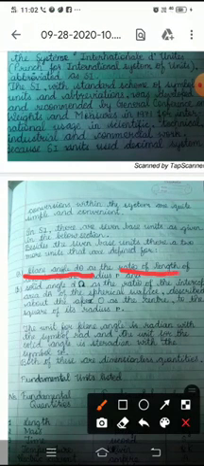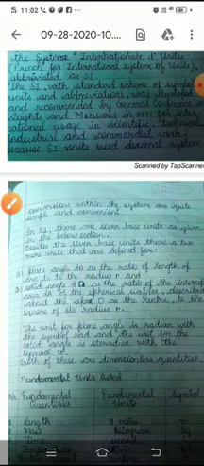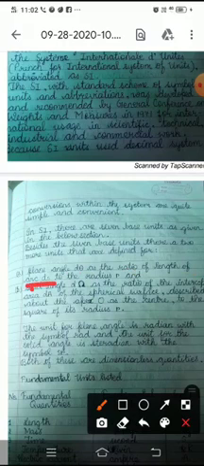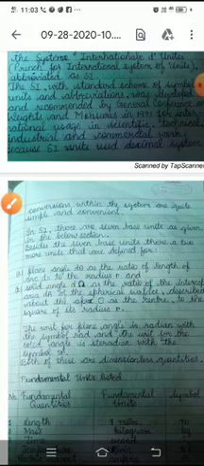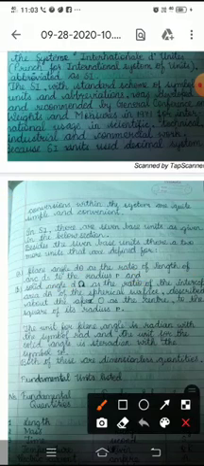It is the ratio of the length of arc ds to the radius r. d theta is equal to ds upon r.